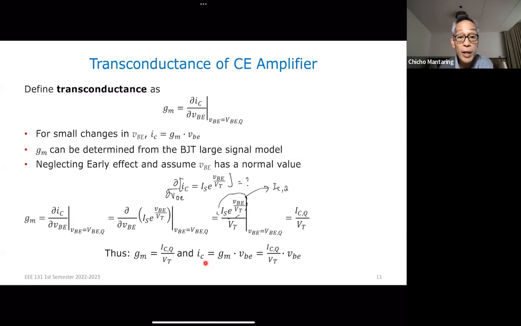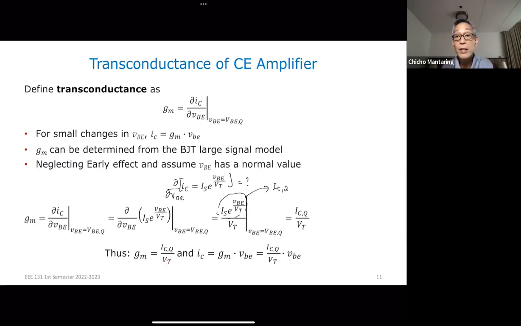If I want to determine the change in collector current due to a change in base emitter voltage, I just have to multiply the change in the base emitter voltage by my transconductance, or ICQ over Vt, and that will give me the change in collector current.